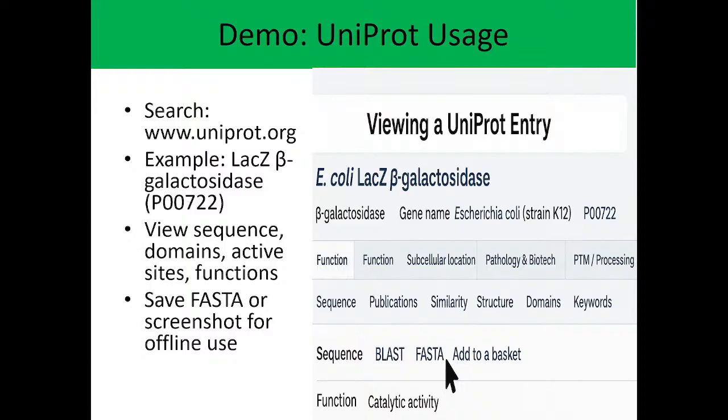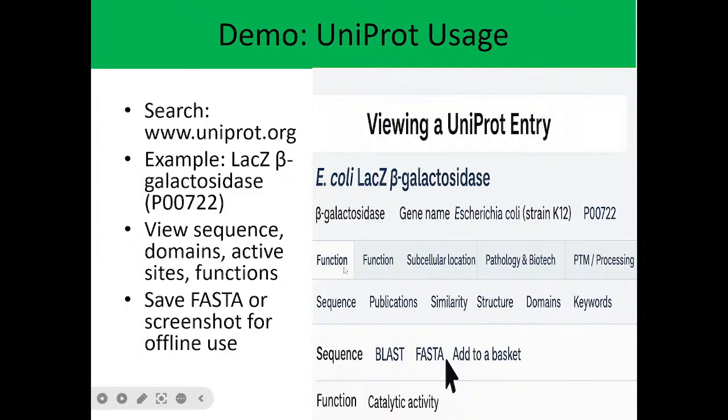And by the time you do that, that is what is going to display to you. You are going to see the name of that enzyme, that is the gene. You see the gene name, you see the Escherichia coli, and you see the number.